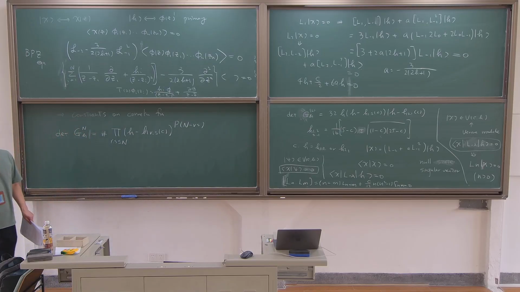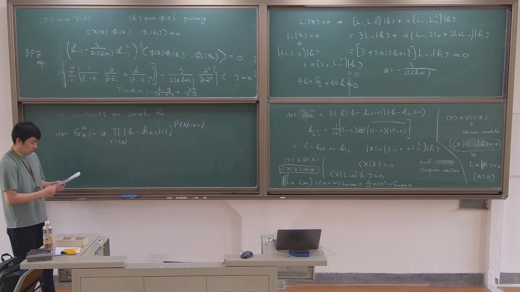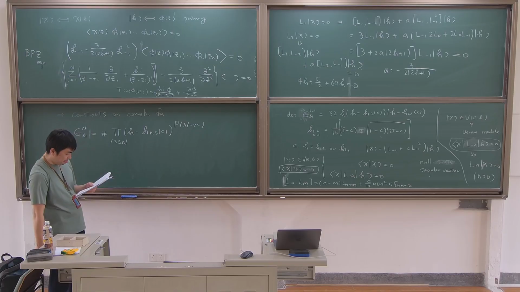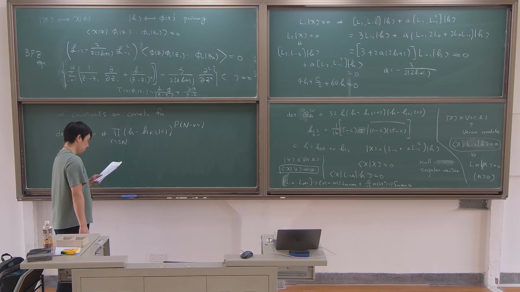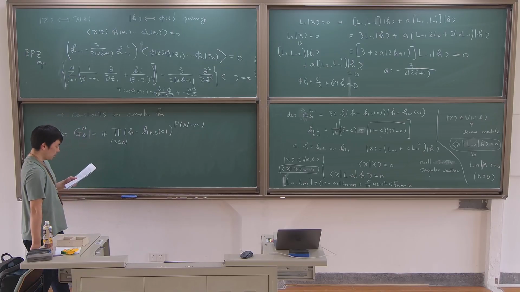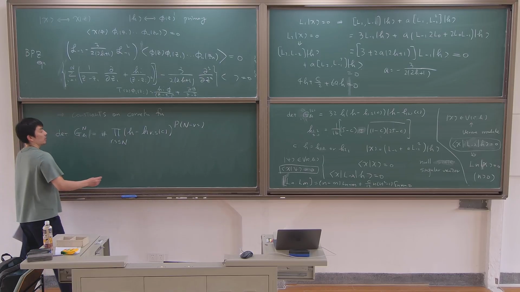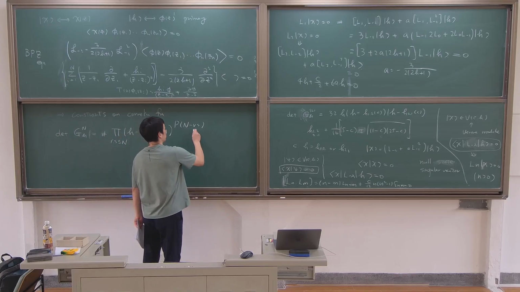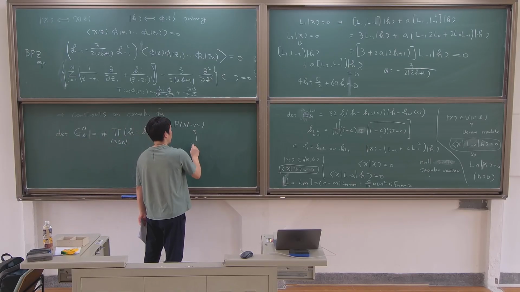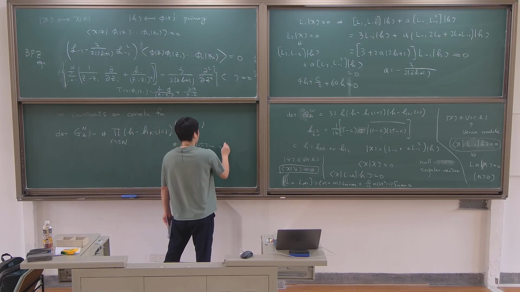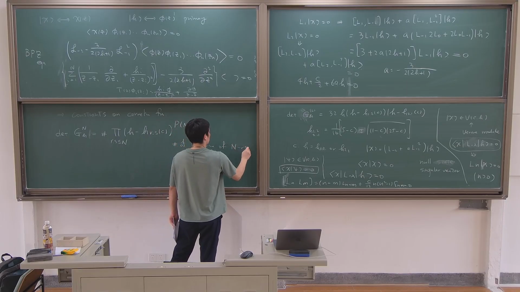Here p is the partition number, the number of partitions of n minus rs.